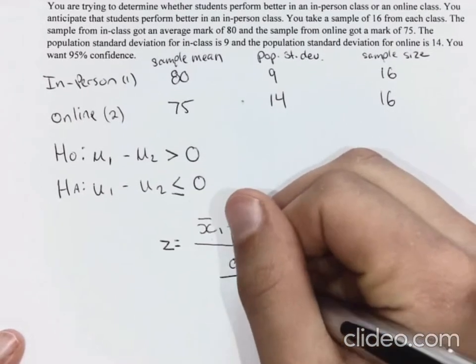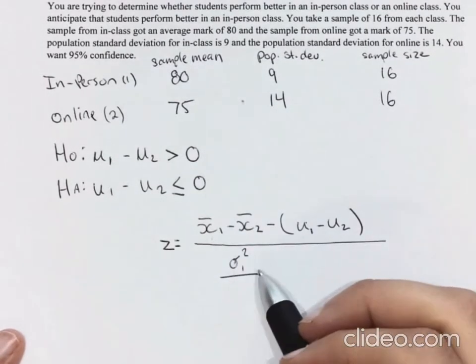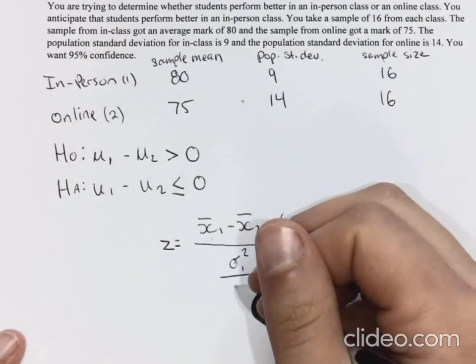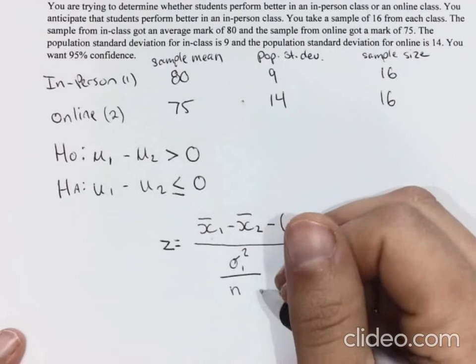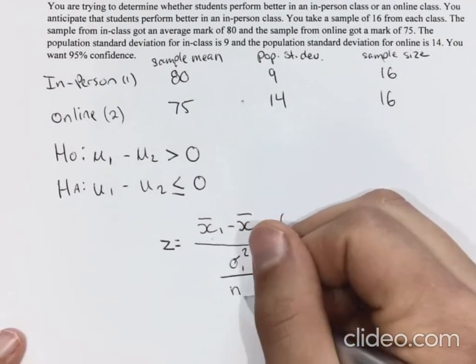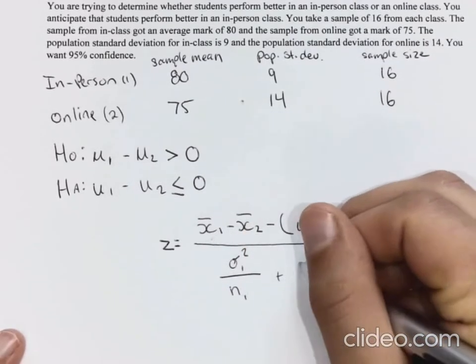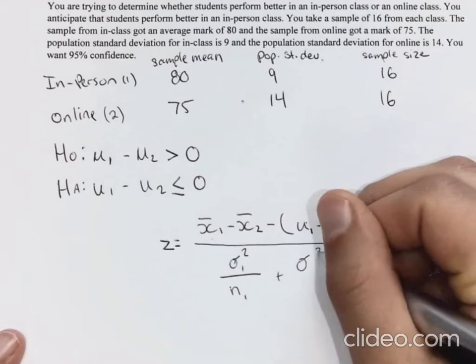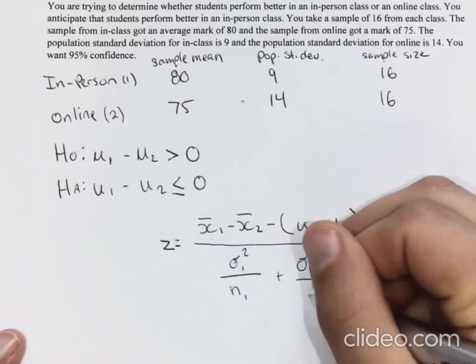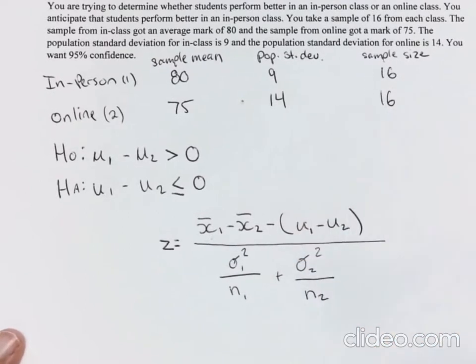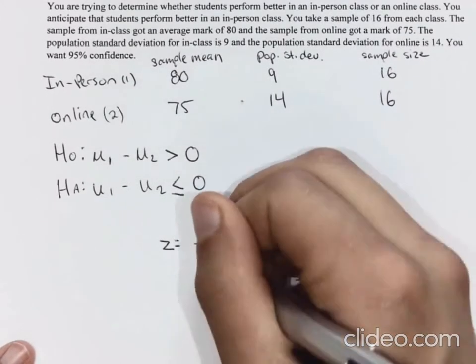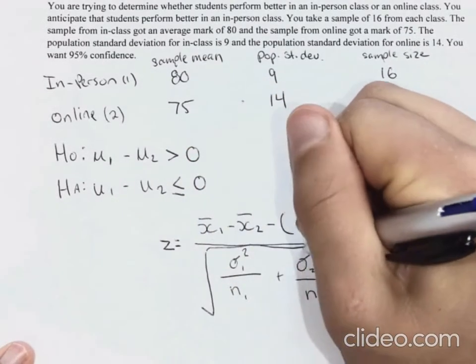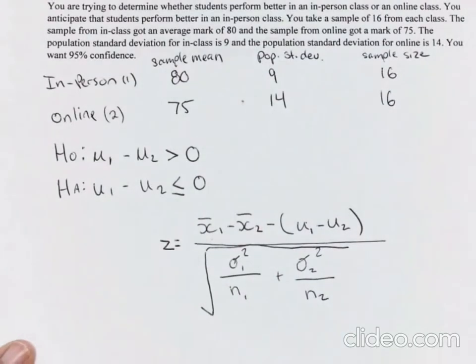The standard deviation squared for sample 1 divided by the sample size for 1 plus the standard deviation squared 2 divided by the sample size, and all of this we will take the square root.